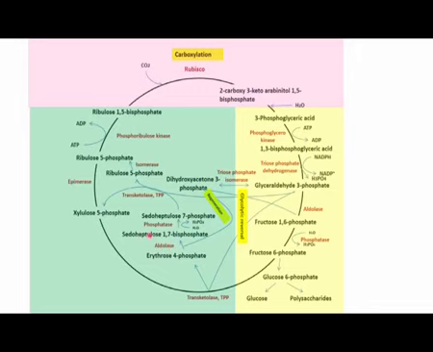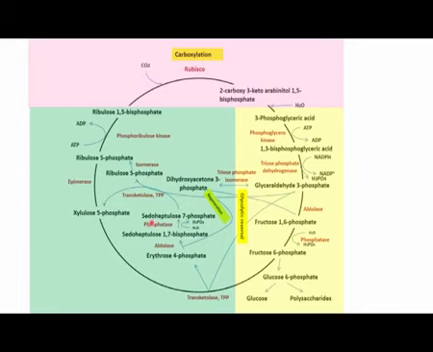Once the sedoheptulose 1,7 bisphosphate is formed, it also reacts with the glyceraldehyde 3 phosphate to form one molecule of xylulose 5 phosphate and one molecule of ribose 5 phosphate.